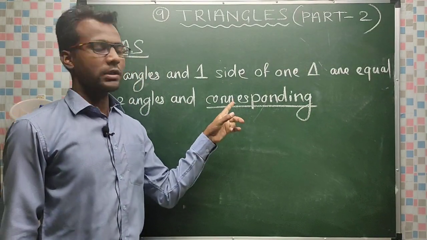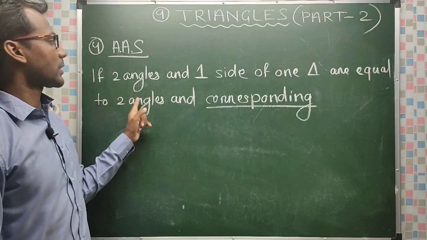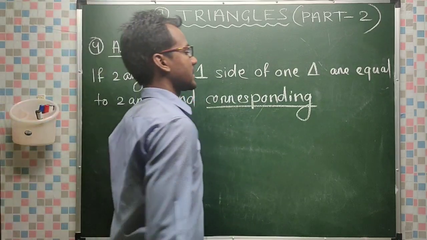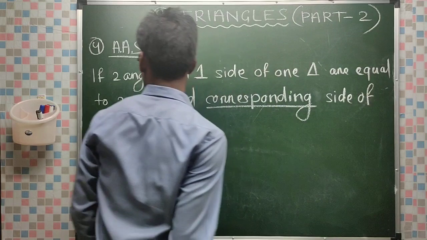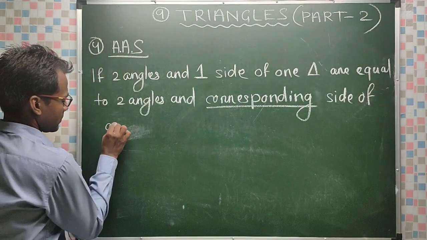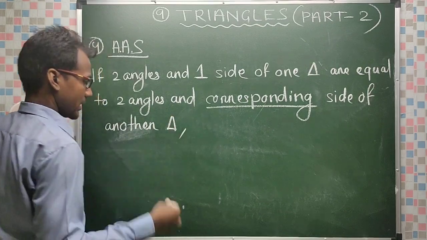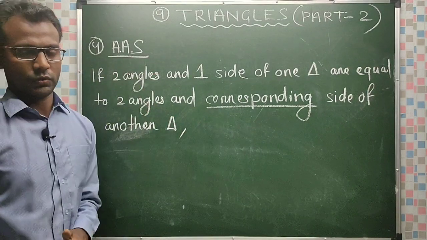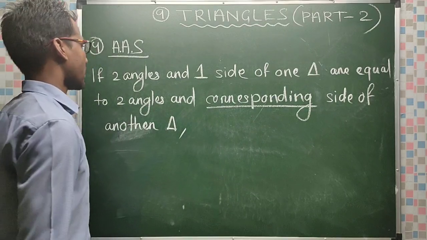Okay, why it is corresponding I will explain later on. Okay, if two angles and one side of one triangle are equal to two angles and corresponding side of another triangle, then the two triangles are congruent by AAS postulate. Okay, so let us move to triangles. Let us draw two triangles and understand this.